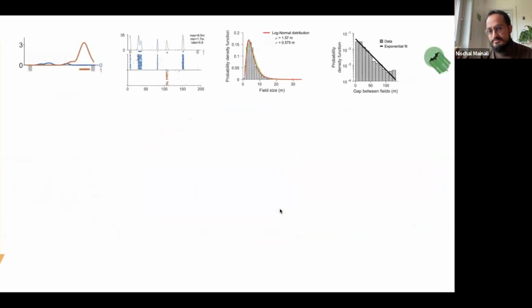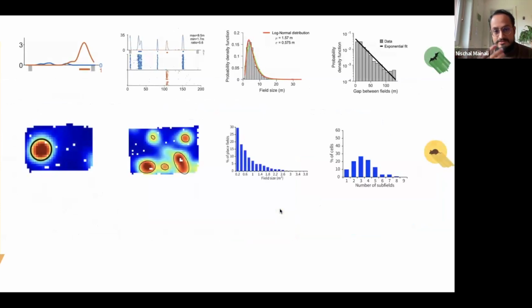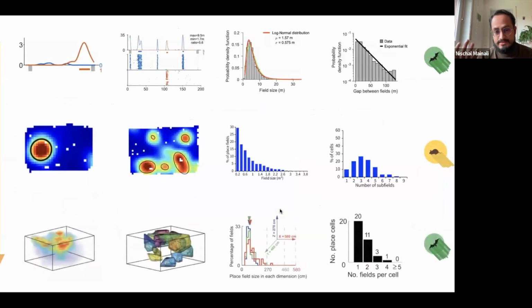The results of these papers can be summarized along dimensions: measurements of bats in a 1D environment, measurements of rats in 2D environments, and measurements of bats again in a 3D environment. And we're going to look at these results in some detail.